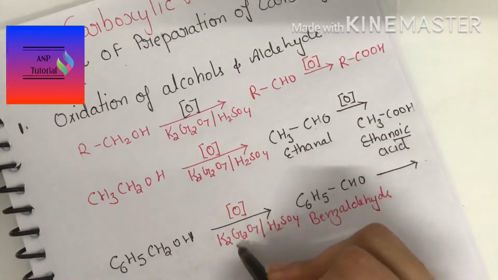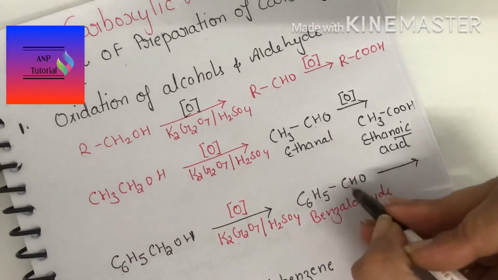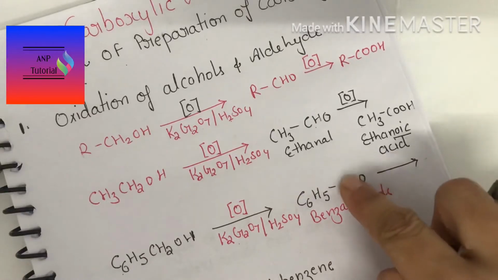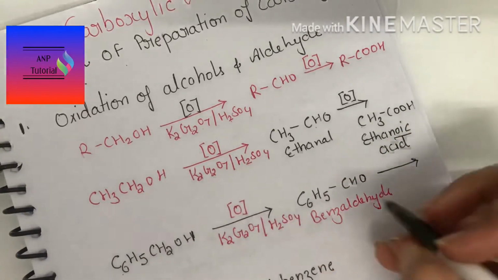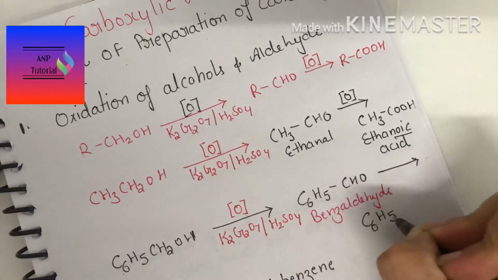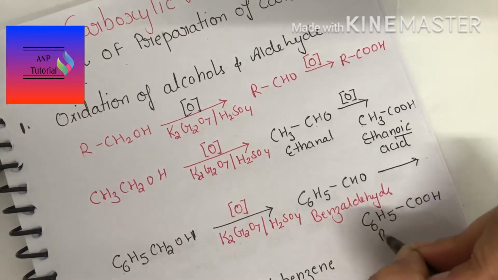As we have the reagent K2Cr2O7, acidic medium, this aldehyde group, this CHO group, changes into the COOH group. Then benzoic acid is formed.